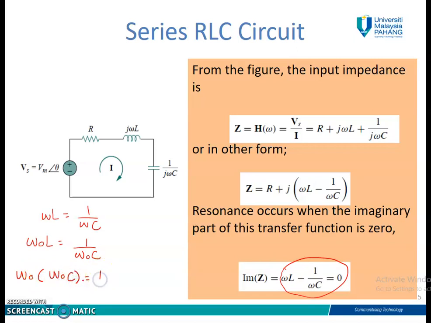So omega naught squared is equal to 1 over LC. Therefore, omega naught is equal to 1 over square root of LC.